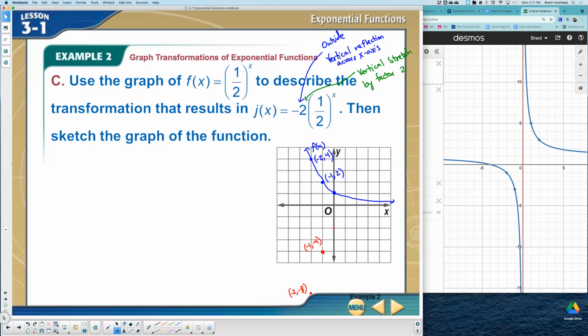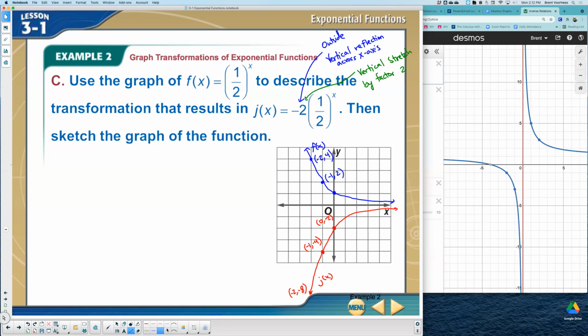And that one would become 0, 2 to 0, -2. And so that would be now how my graph looks. So all the y values just get multiplied by -2. And that would be your graph j of x. Okay.